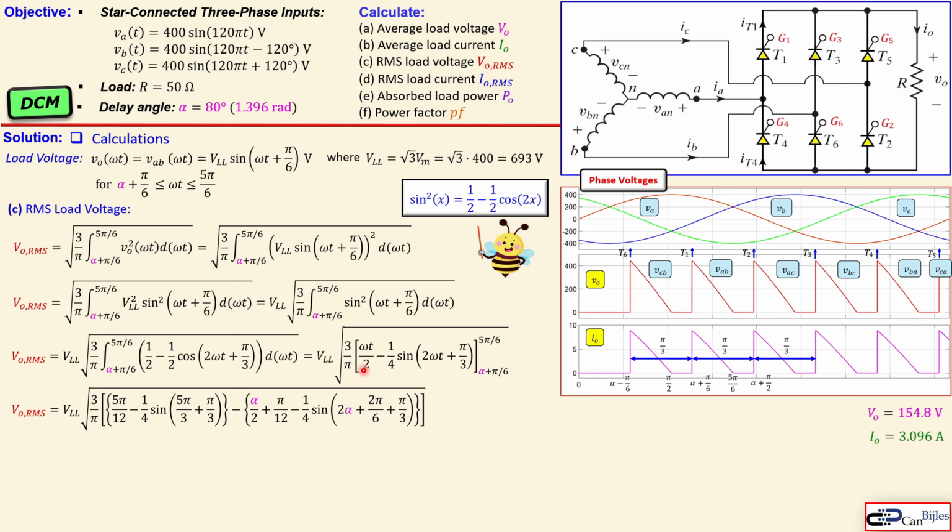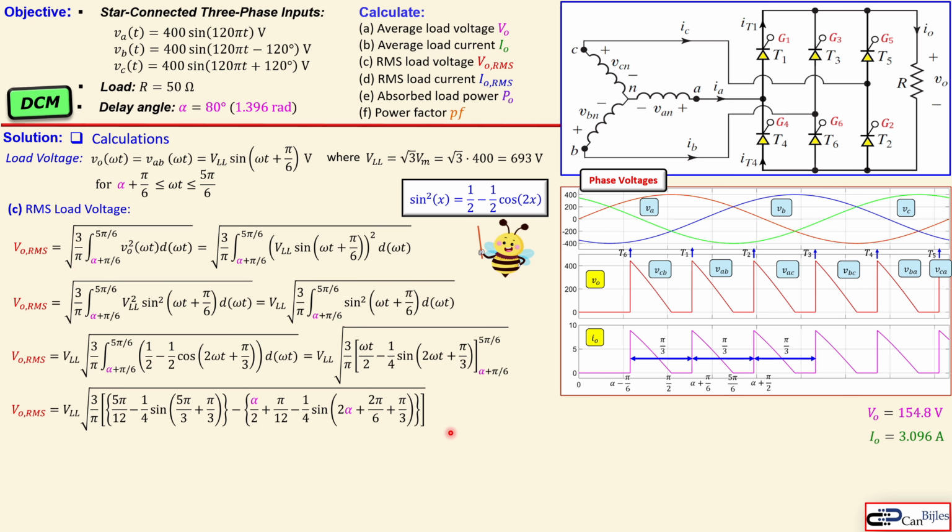And you get also minus 1 over 4 sine, and there you need to do that 2 times, so 2 times 5 pi over 6 will be 10 pi over 6, which is effectively 5 pi over 3. So I did already some simplifications, and plus pi over 3, and then you do the similar form for the other one. Now we do alpha plus pi over 6 times the half, so everything gets divided by 2, and similarly for the argument of sine.